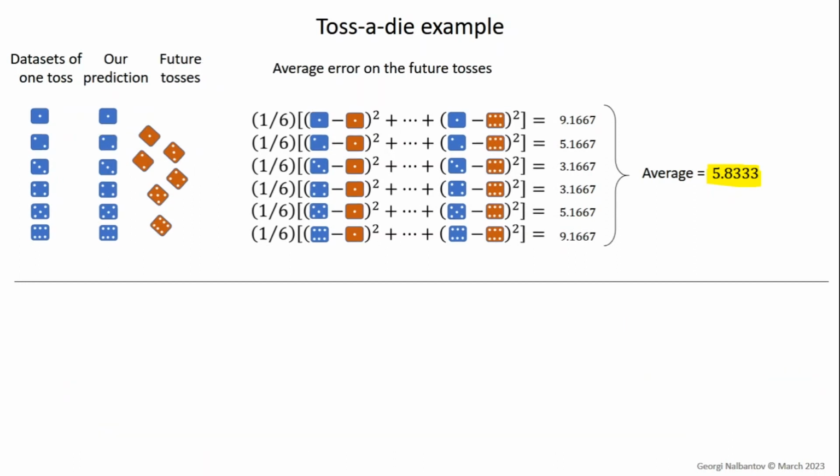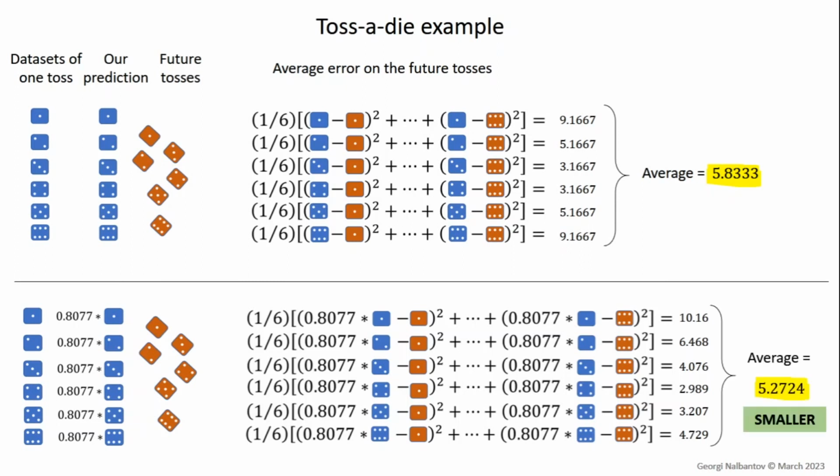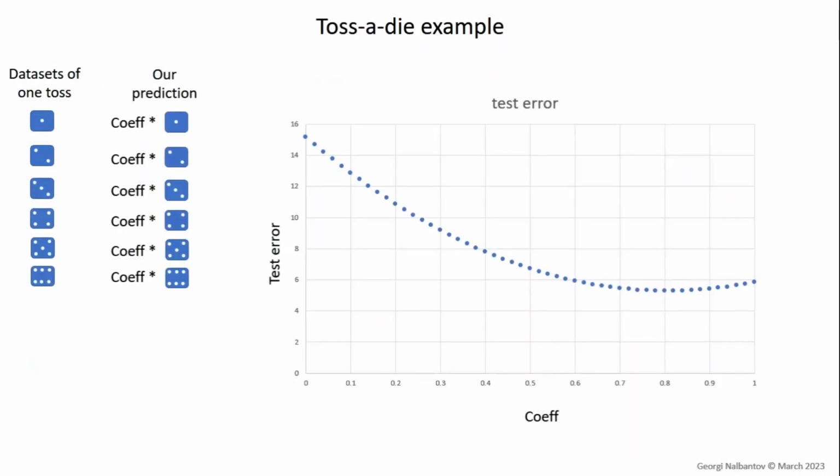It's very strange. Now, let's see what is the best coefficient by which to multiply the prediction. It's called the penalization coefficient. In this case, for the toss a die example, it's 0.8. And the expected error is 5.27. Very interesting. So we can do that for different coefficients and see what is the test error.